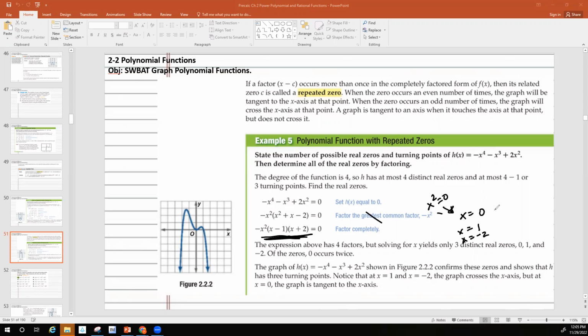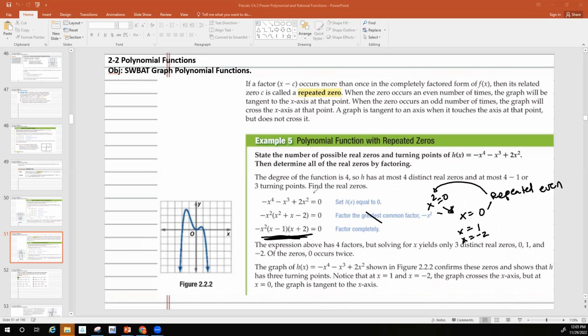Because of this squared, that tells us that it's repeated there. So it's repeated twice. It's a 2, an even number, an even exponent there.